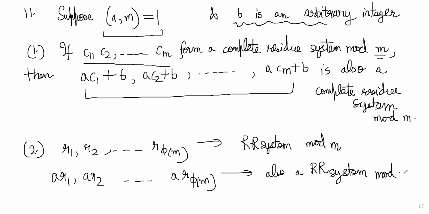The only condition is a and m have to be co-prime. In both of these, a and m have to be co-prime. There is no restriction on b. b can be any arbitrary integer here, right? So we can basically say that we can find several different residue systems, built on top of an already existing residue system, right?